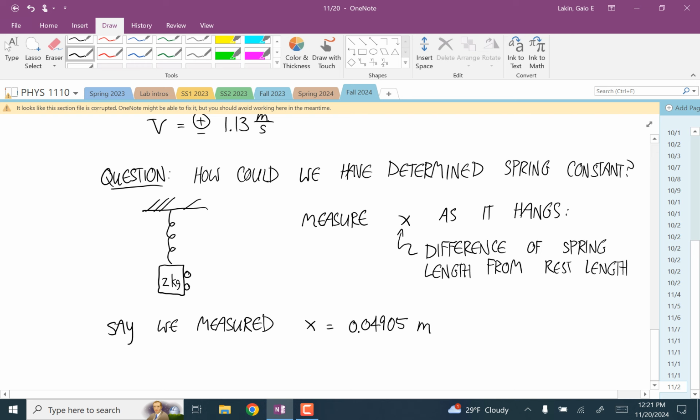Okay, so just under 5 centimeters. That's not the length of the spring, that's the difference. That's how much the spring is stretched from its resting length. So one thing you could do is measure the length of the spring, then measure the length of the spring when it's hanging there and subtract.